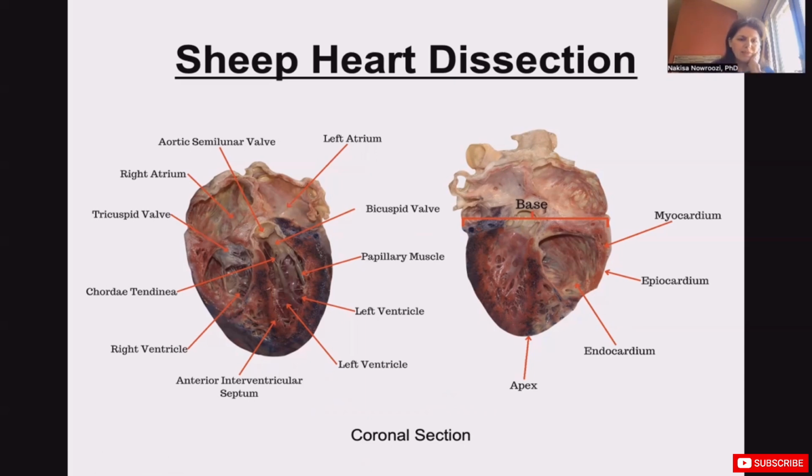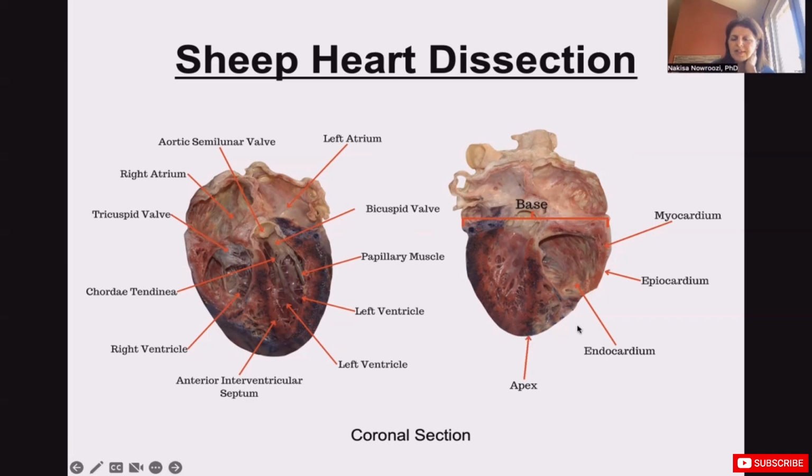I have tricuspid valve, bicuspid valve, chordae tendineae, papillary muscles. We have the anterior interventricular septum, aortic semilunar valve we also can see here. And then here is showing us the apex, the tip of the heart, and the base.